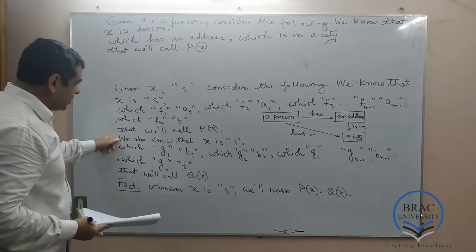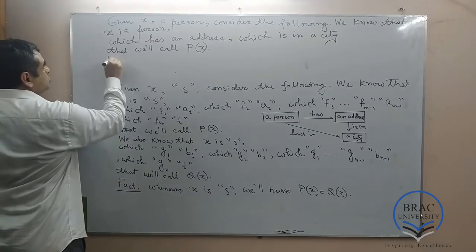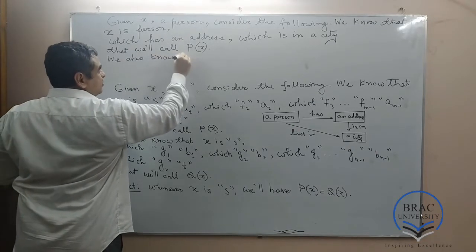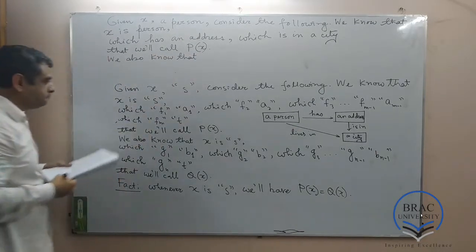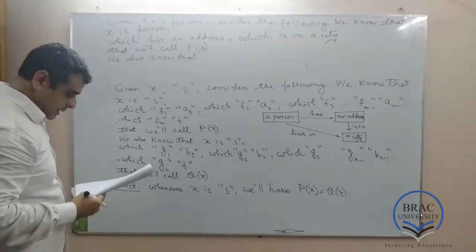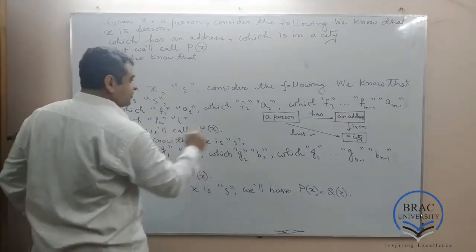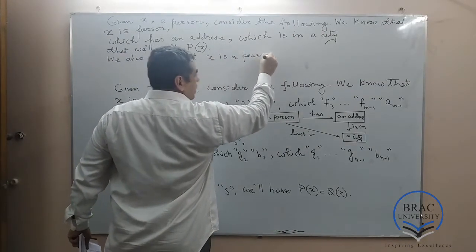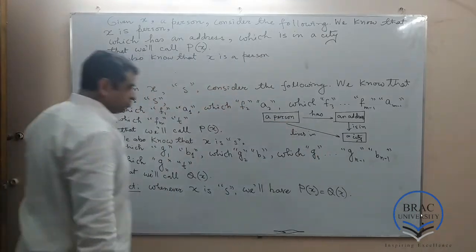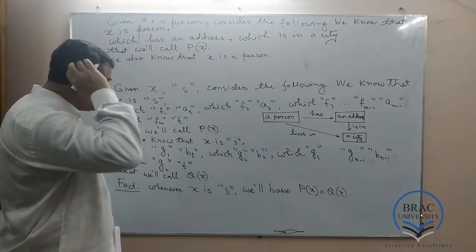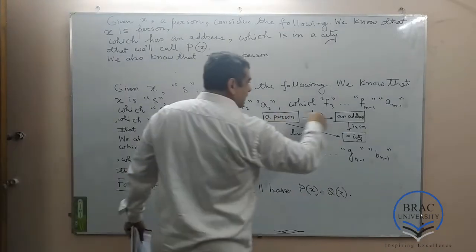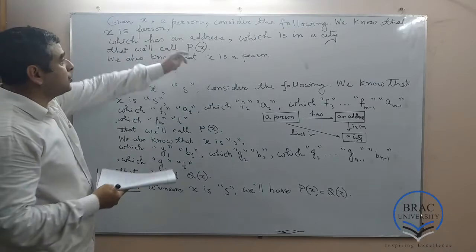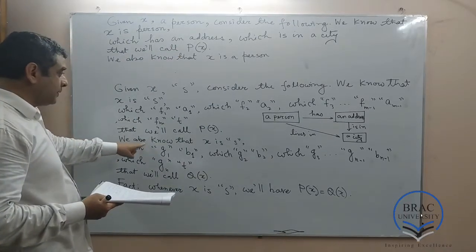Now we start from here. We also know that again X is a person. Now we are considering the other path, okay, which we denoted by Q in the previous diagram. This is path P and this is path Q. So we also know that X is the person, since we have it written down here.